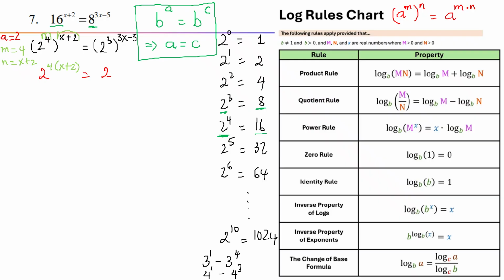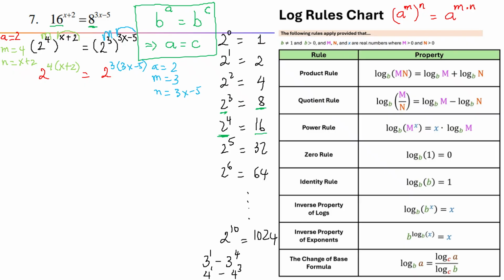Similarly, I apply the formula to the right-hand side. My a will be 2, my m will be 3, and n is 3x minus 5. Now we have 3 times 3x minus 5, m times n.